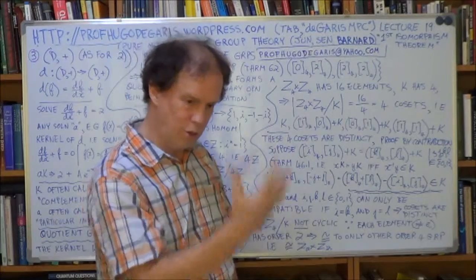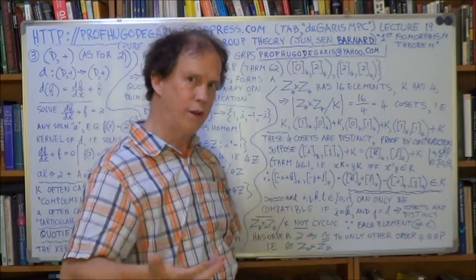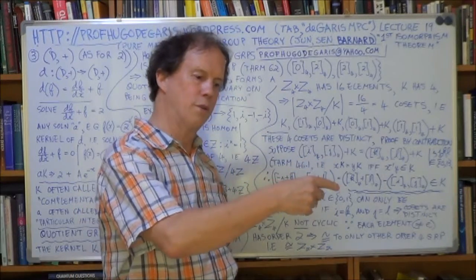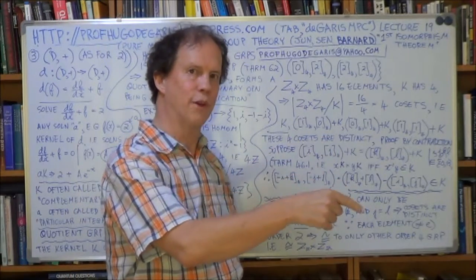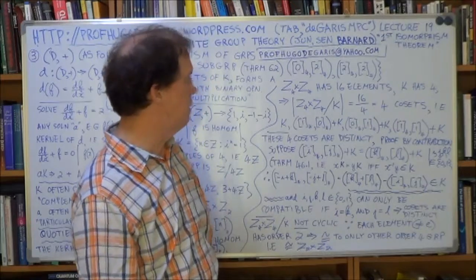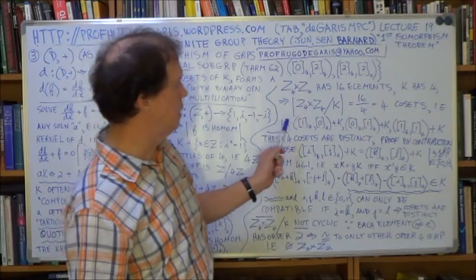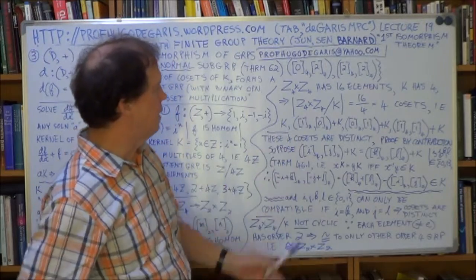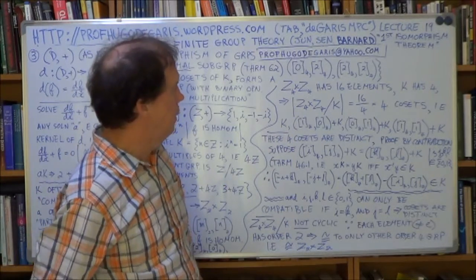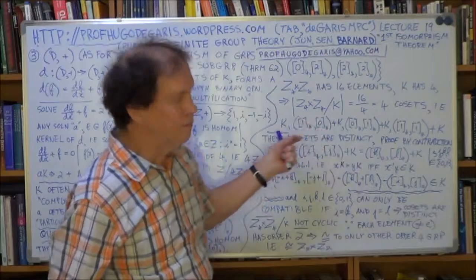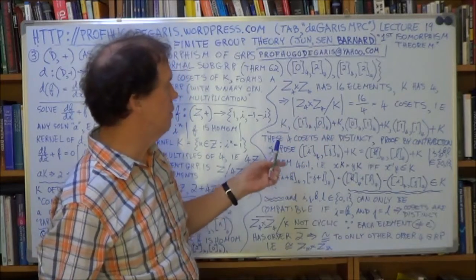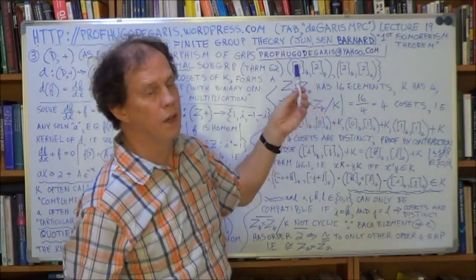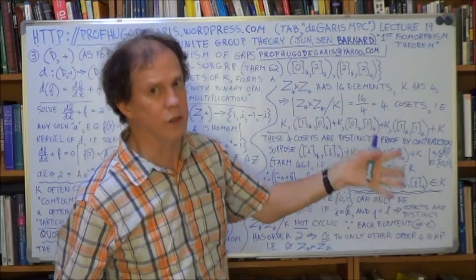So you assume it's true, you derive a contradiction, and therefore what you assumed was true must be false. Right? So let's prove that these 4 cosets are distinct. They're different by assuming that 2 of them are the same. Okay? And then we'll get a contradiction, and therefore those 2 cannot be the same.